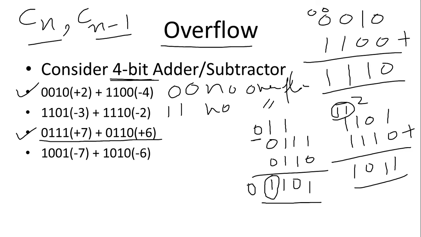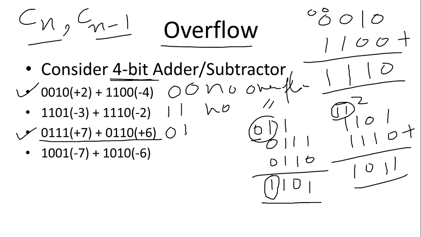If we had an additional bit, then we could save the answer, but we have only 4 bits, so there is an overflow. And in this case, our last carry is 0 and second last is 1.